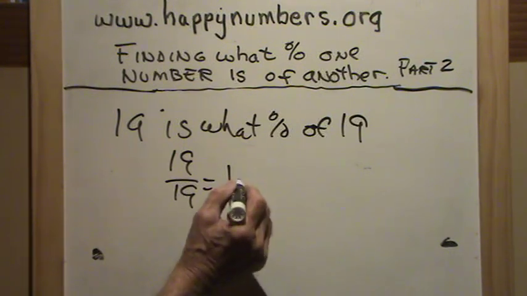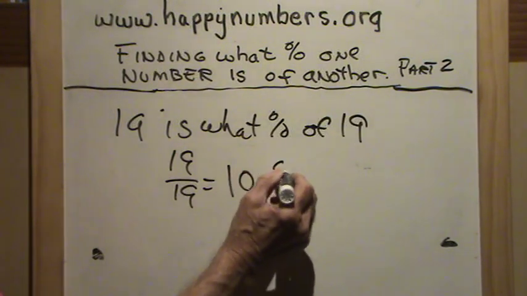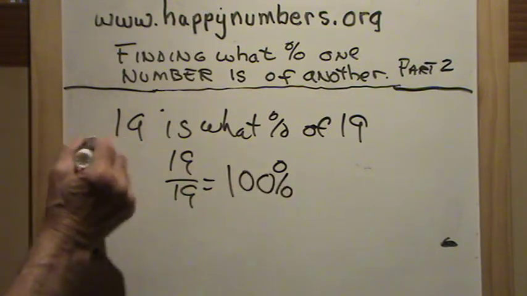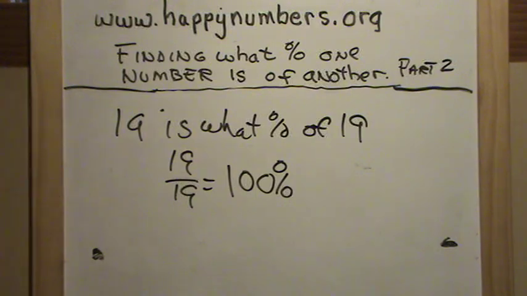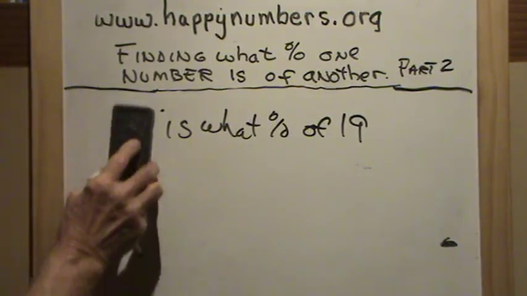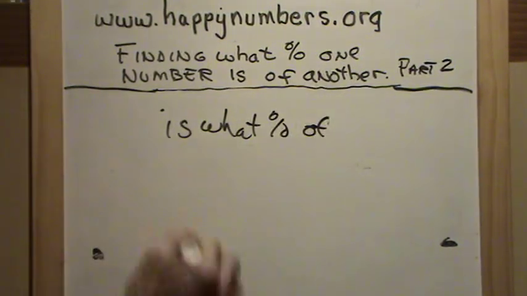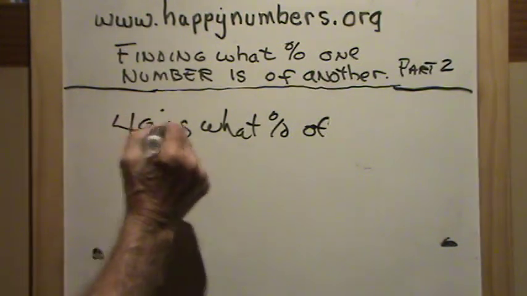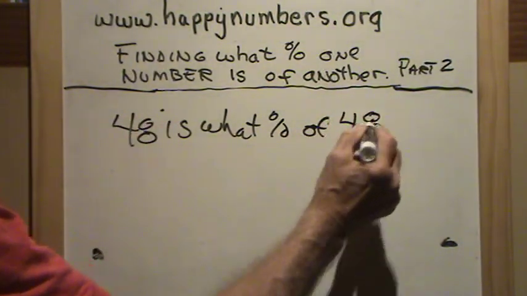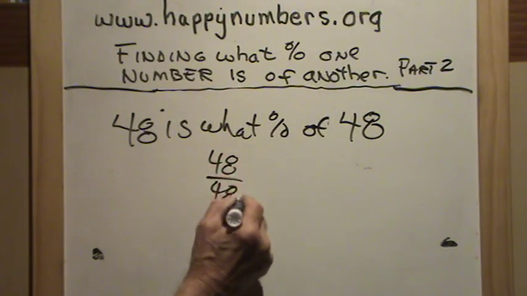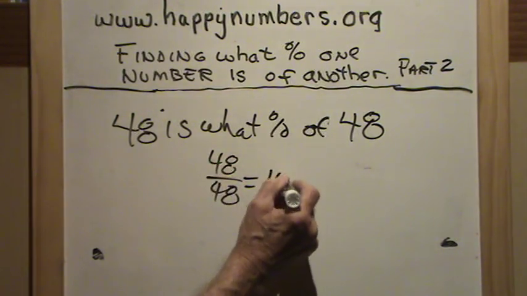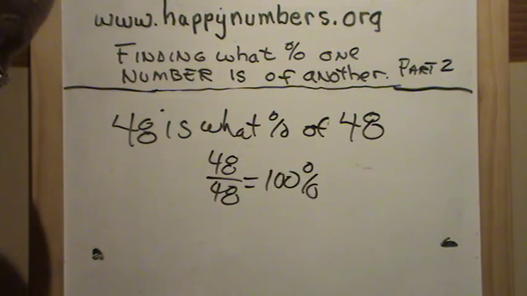We'd have to go 2 places, so it would be 100%. So anytime you have the same numbers, like 48 is what percent of 48? Well, the fraction is going to be 48 over 48, which we know is equal to 1, and then we know that's 100%.